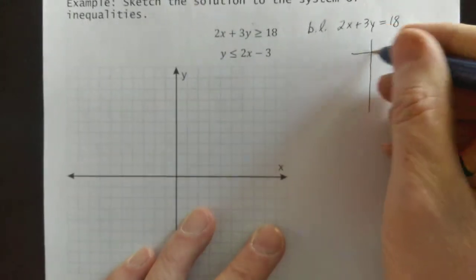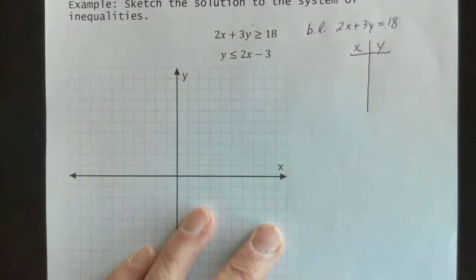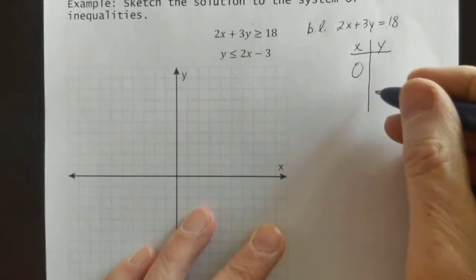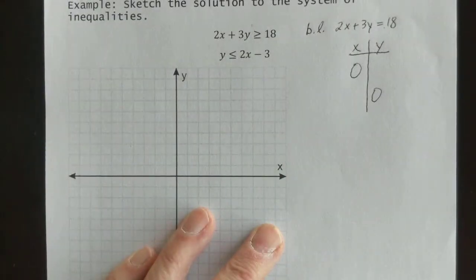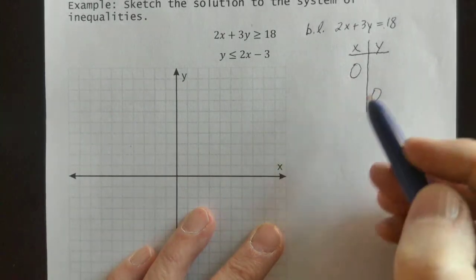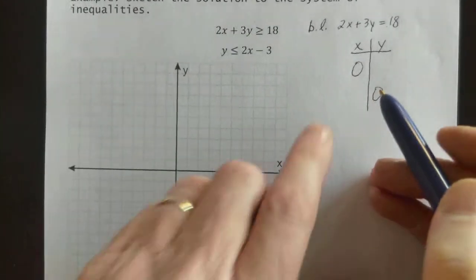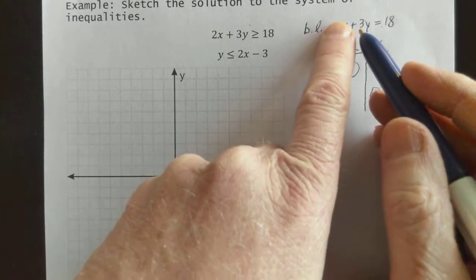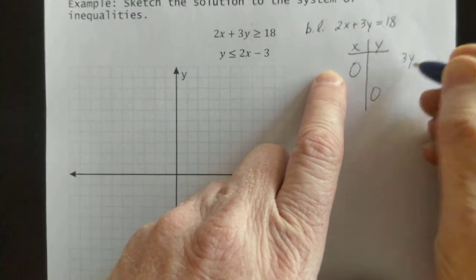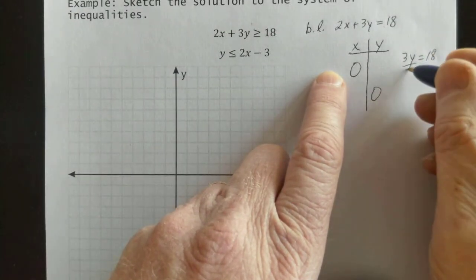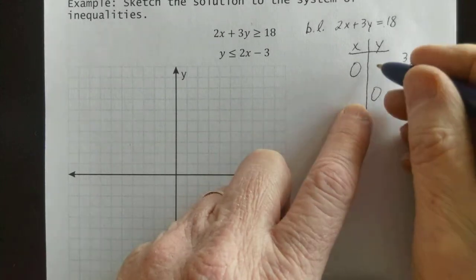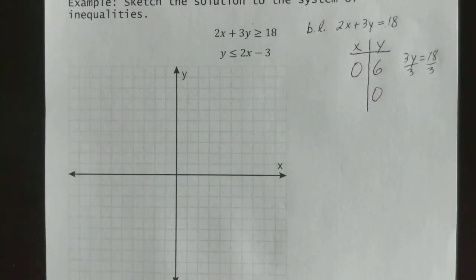Okay, so I'm going to set up an intercept table. Have a 0 for x, figure out y, have a 0 for y, figure out x. When x is 0, we got 3y equaling 18, and 18 divided by 3 is 6.